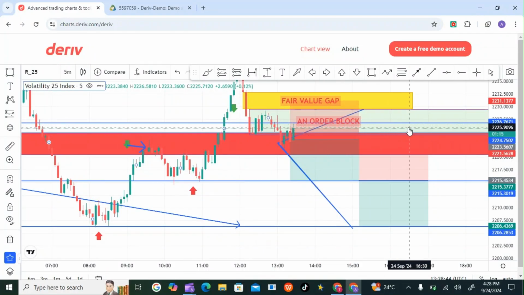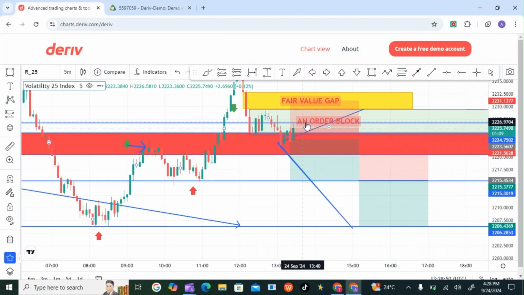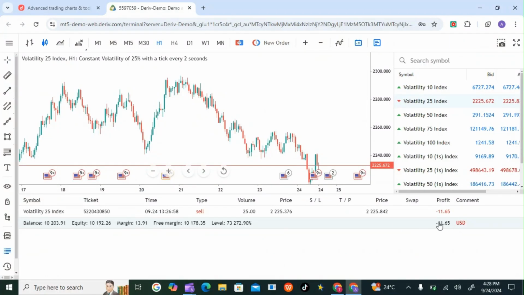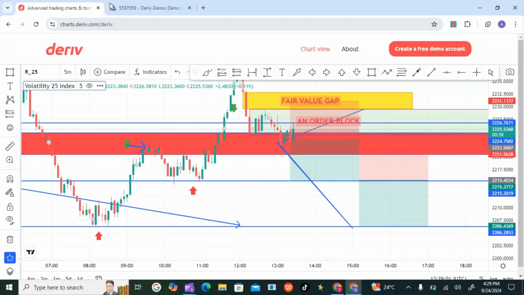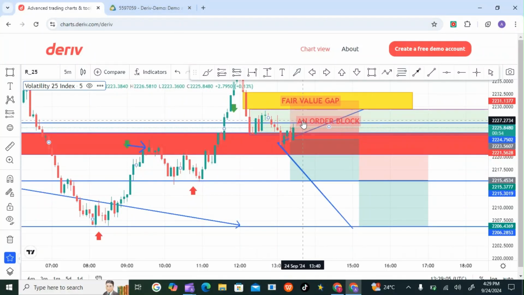For well trained traders, maybe you will note this candlestick moving up and you will close your trade very fast. Yes, I know some of you have gone now to close your trade, because you can see the candlestick now is on a bullish trend.